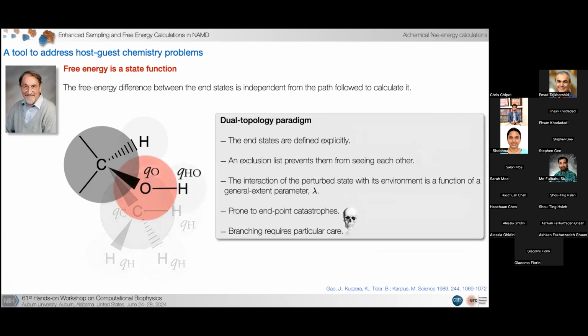They are present through the parameter files and the topology files, but they do not see each other, whether directly or indirectly. Directly would be through non-bonded interactions, but also indirectly through valence angles. Imagine that I have two side chains. I cannot have a C beta, C alpha, C beta angle parameter.